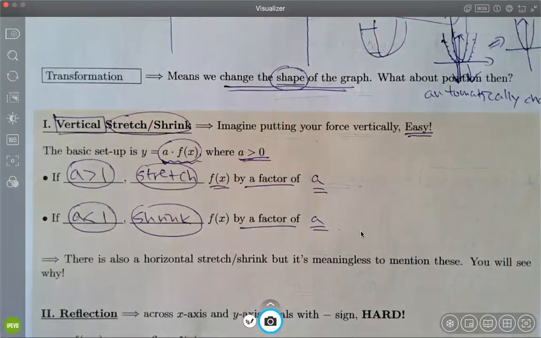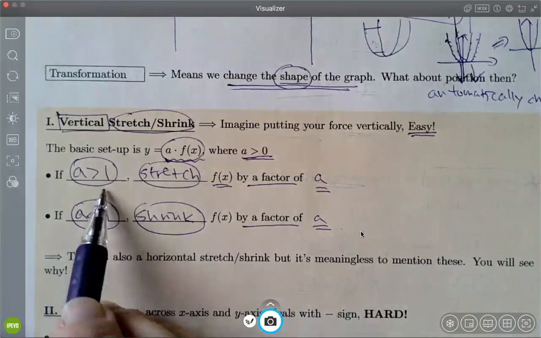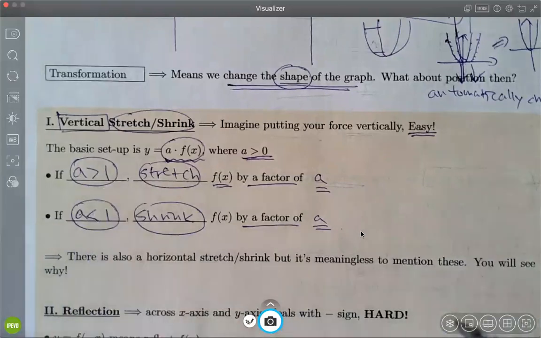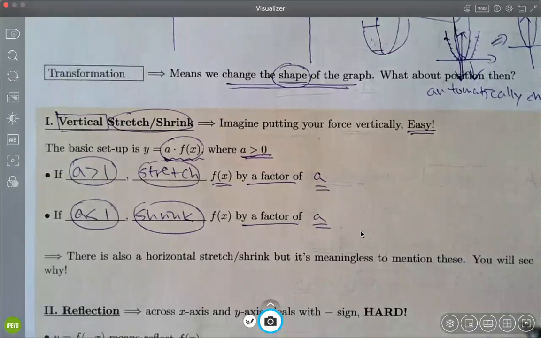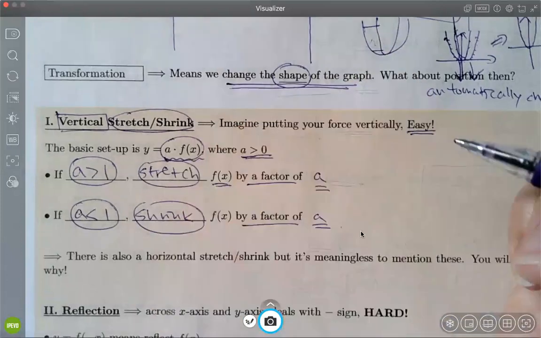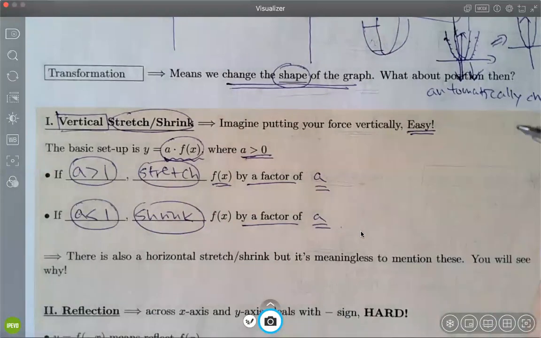Here we have greater than 1, and here less than 1. Wouldn't it be the parent function? It's 1 times f of x, and what is 1 times anything? Itself. So a equals 1 is meaningless.